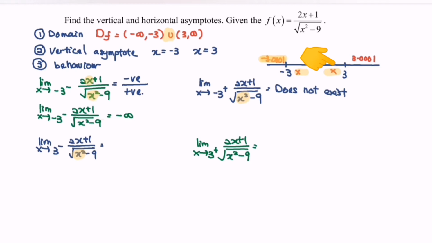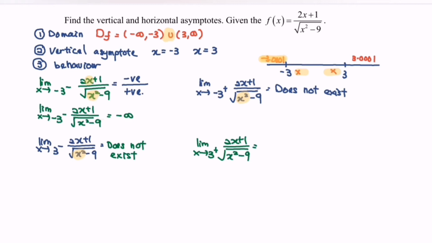For the case of a square root, the internal value cannot be less than 0 because it will be invalid. So for this case, the limit does not exist. Next, let's move on to the right-hand side.